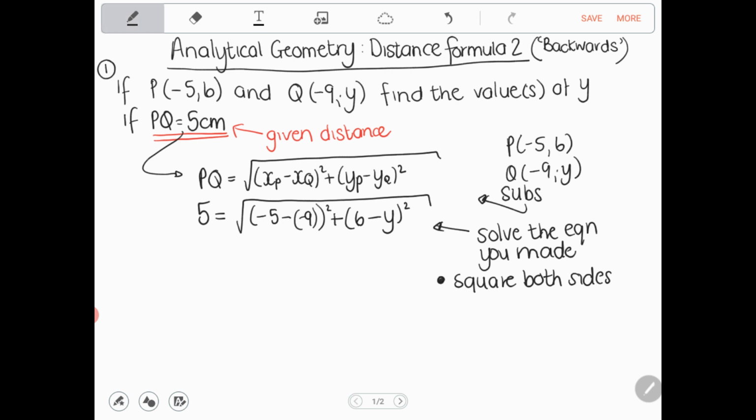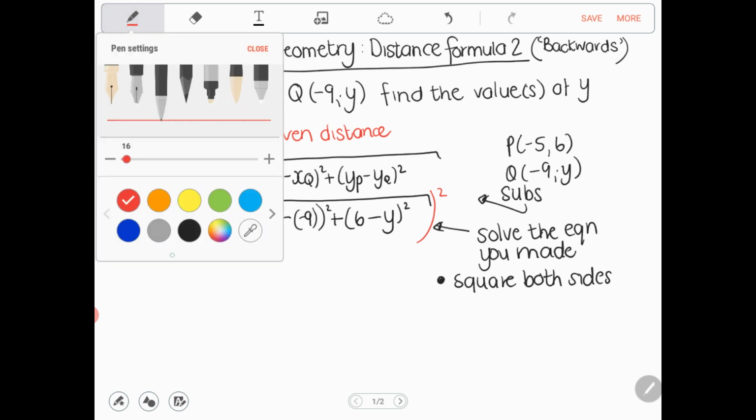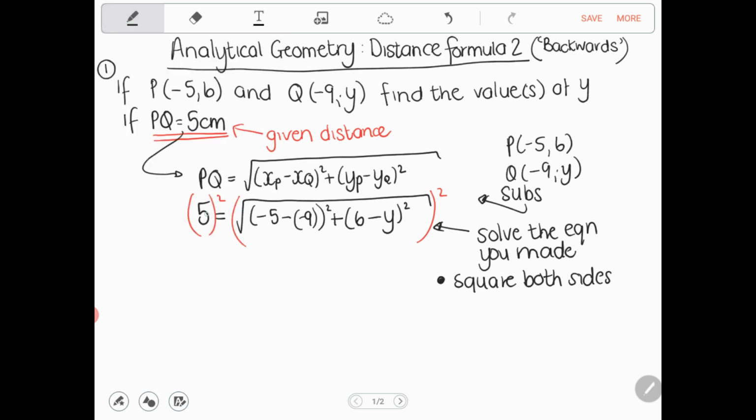All right, so let's do that. So we're going to square this side, and we're going to square this side. All right, so let's see what happens now. 5 squared is 25, and the square root and the squared, these two would cancel each other.